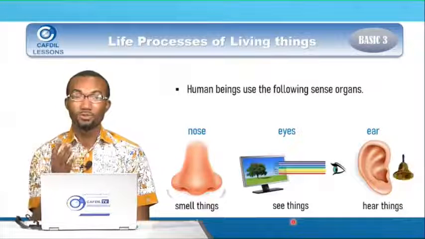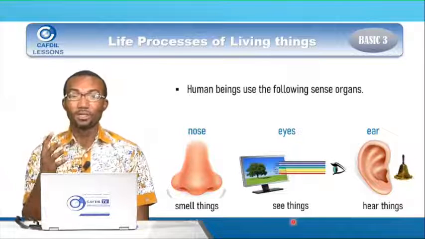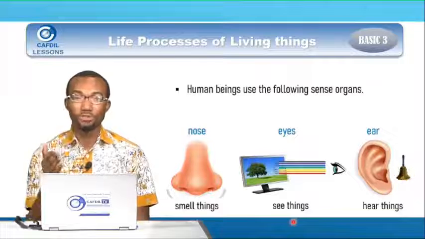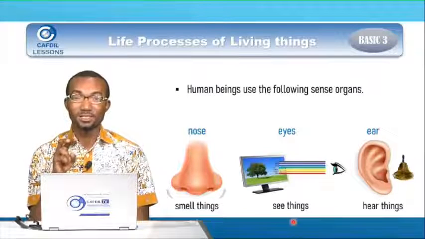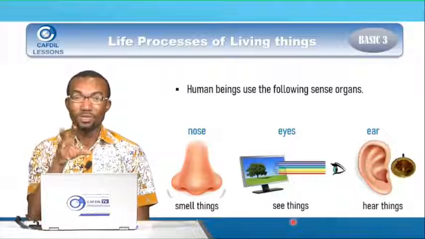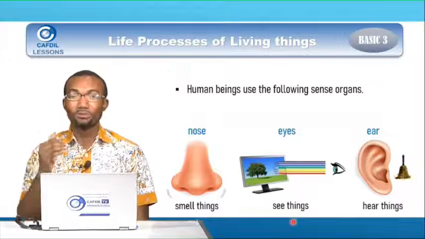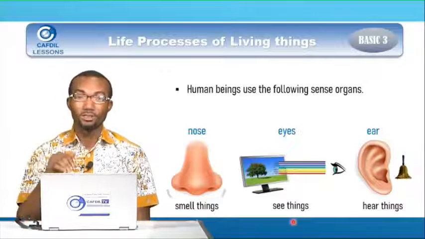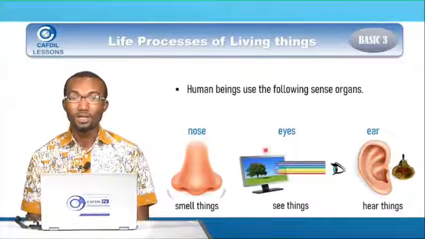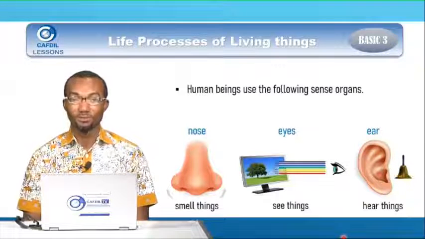If you are going to school and on your way you see a very big hole in front of you, you don't just jump into the hole. No. Because you have eyes and that makes you sensitive, you can sense that there's a hole here. So let me pass by the hole, or if you can jump, you can jump without falling into it. So nose, eye, ear help us to be sensitive to our environment.